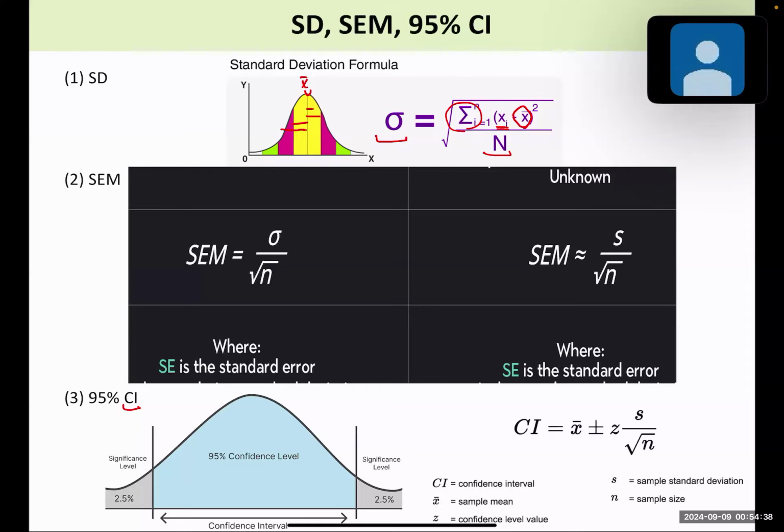So those three are methods of representing the errors. 그러니까 표준 편차, 그죠? 표준 편차고 standard error means 표준 오류, 그다음에 confidence interval, 이렇게 세 개가 우리가 어떤 측정값에 대한 에러, 측정값에 대한 에러를 나타내는 방법입니다.